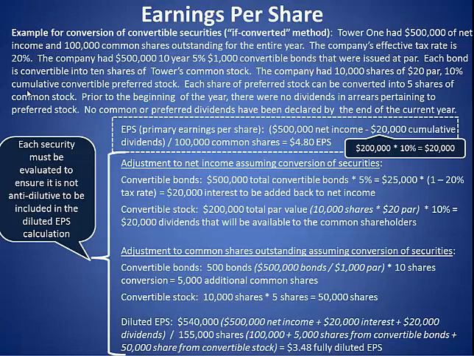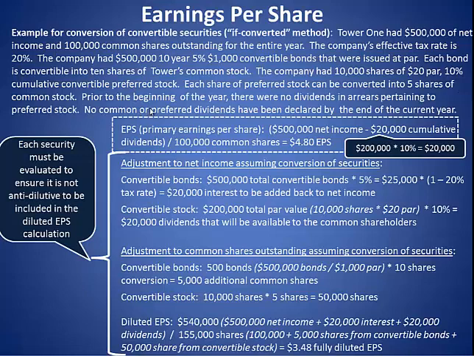We also know it's cumulative, so that means even if we don't declare a dividend, the company still owes the 10% times the $20 par value for the stock. Each share of that preferred stock can be converted into 5 shares of common stock.